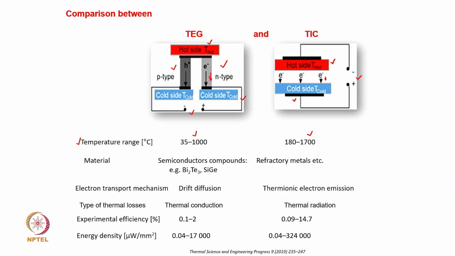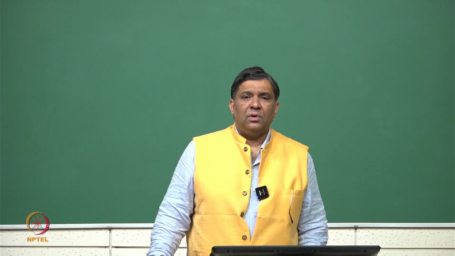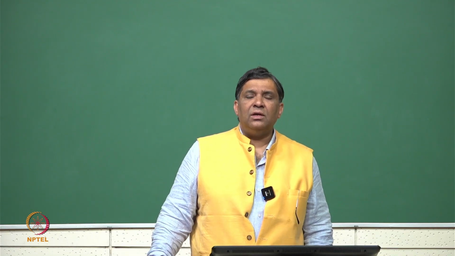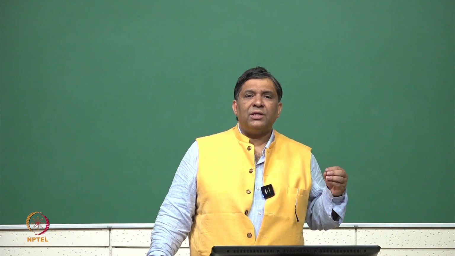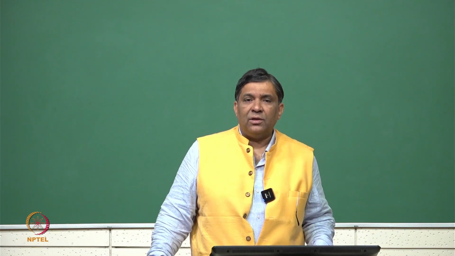In case of TIC, the temperature range is high, because we can use material with different melting points, and there are some materials whose melting point is very high. And if we increase the temperature, then we can have a better emission.